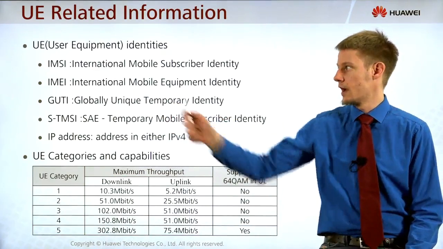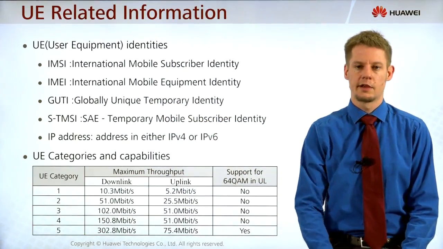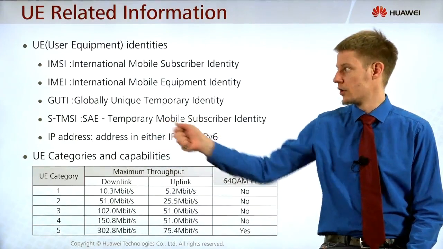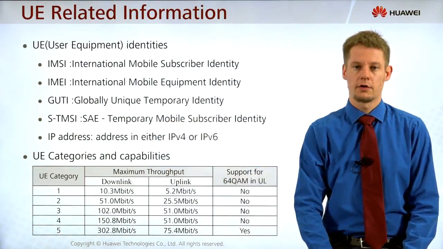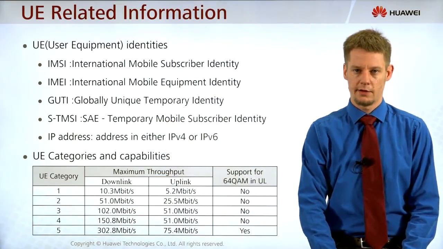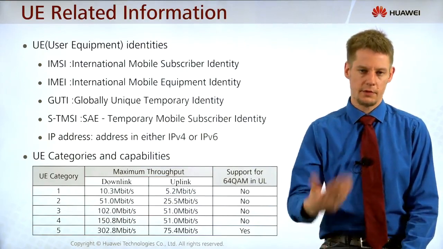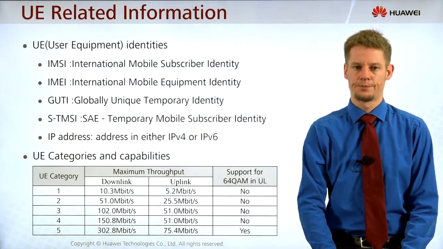For example, the IMSI, International Mobile Subscriber Identity, which is encoded on the SIM card. The IMEI, we also already know, is the so-called International Mobile Equipment Identity and is encoded in the equipment itself, so in the cell phone, for example.